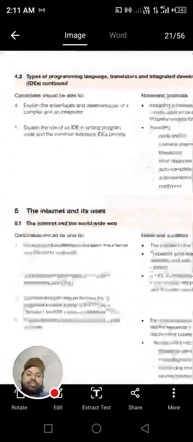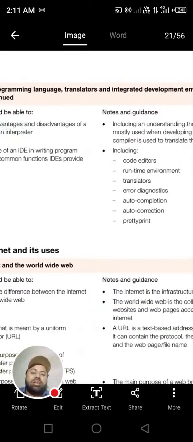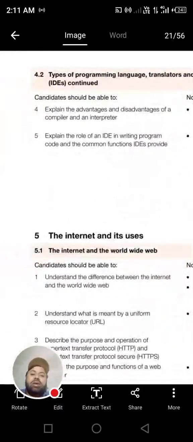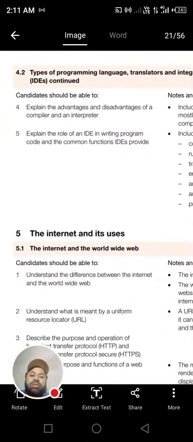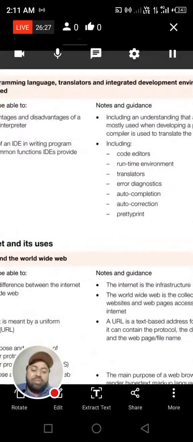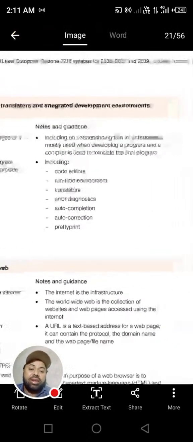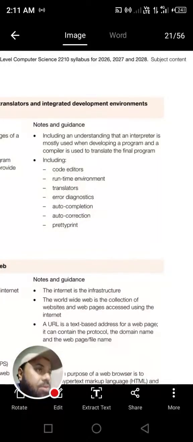Then the candidate should be able to explain the programming language translators and the integrated development environment, and the role of an IDE in writing program code and common IDE functions. Integrated Development Environment is very important, where we do programming, mostly online IDEs, which have built-in editors, compilers and assemblers.